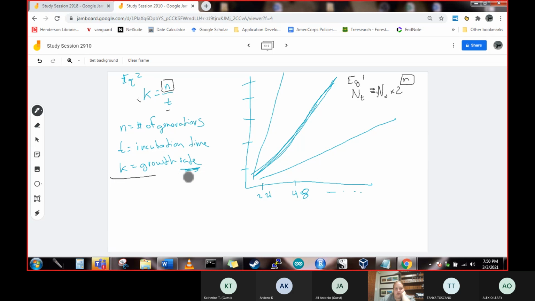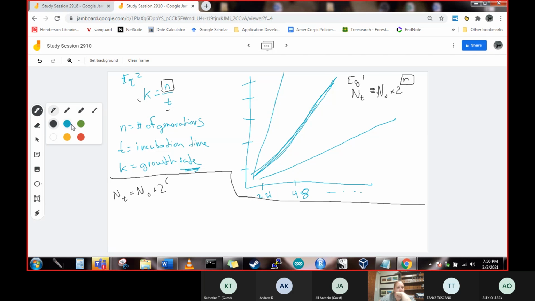So let's draw a little box here and solve for this. To combine it, I would take equation 1, Nt equals N0 times 2 raised to the n. So instead of n, I'm just going to put in what this would equal. And we didn't talk about this yet, but in this equation, you can also write it two other ways.